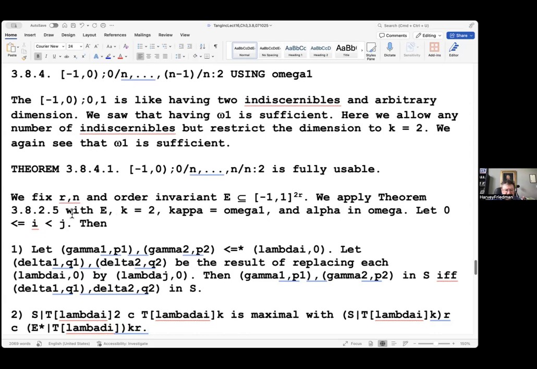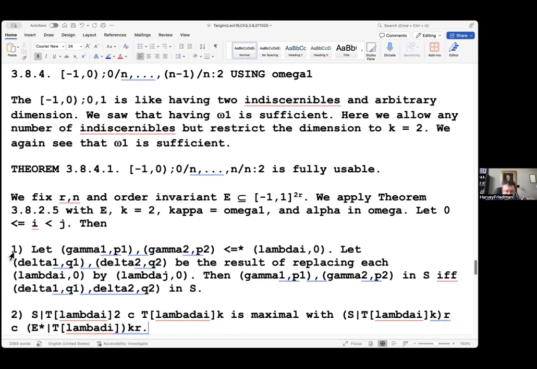We apply this theorem we're talking about, this delicious theorem, with kappa equals omega 1 and alpha in omega, so we get this.